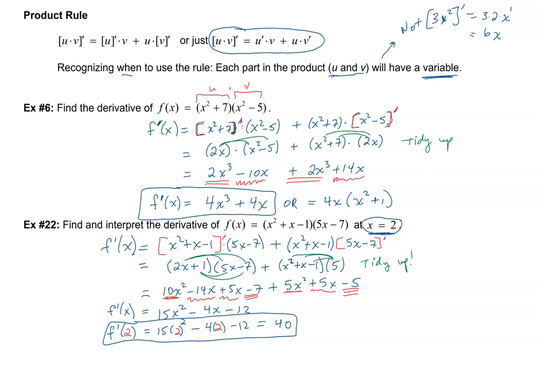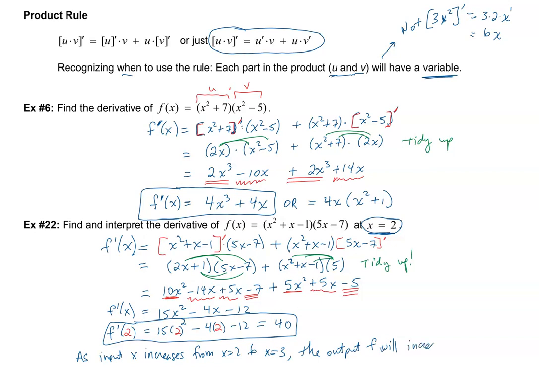So that was one of the instructions. Find the derivative at x equals 2. The derivative at 2 is 40. And then to interpret it, as the input x increases by 1, and so let's be specific, from x equals 2 to x equals 3, just always being as specific as possible to be clear, the output of f will, and I can be specific and say increase because this is a positive number, 40.